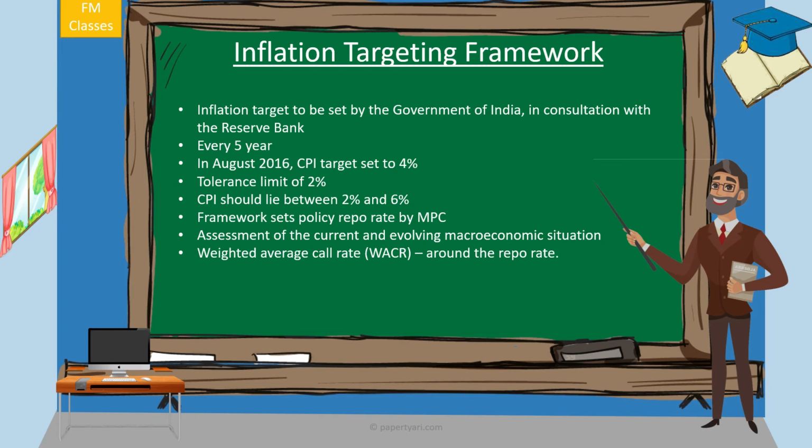The weighted average call rate is another rate that RBI uses to manage day-to-day liquidity in the system. So RBI tries to adjust and manage the weighted average call rate around the repo rate. The RBI Act was last amended in 2016 to give statutory basis to the implementation of this inflation targeting framework.